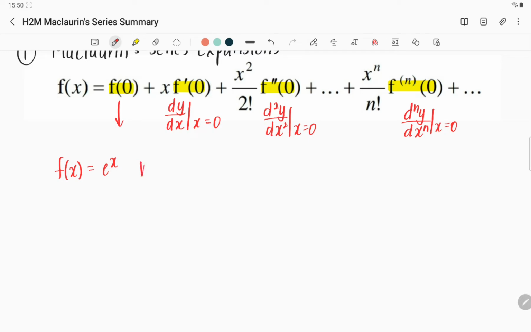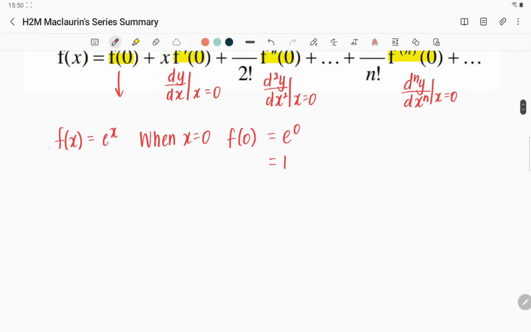So I will say when x equals 0, f of 0 will be e to the 0, which is 1, okay? Then what happens when you differentiate e to the x? Differentiate it once to get the first derivative, it will also be e to the x, right? So f prime 0 is e to the 0 again, which is 1.